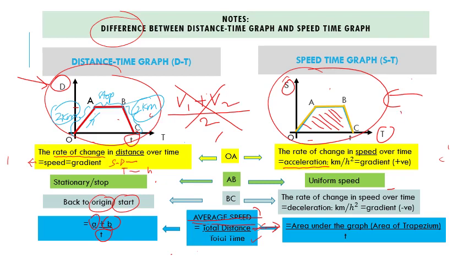Area of trapezium is 1/2 times the height, and then you times the parallel lines, A plus B. So you use this, you get the total distance, and then over time.